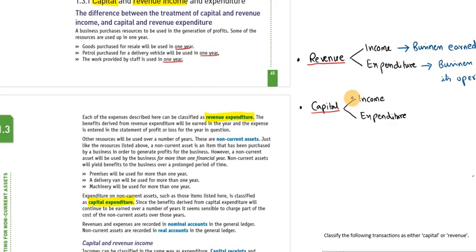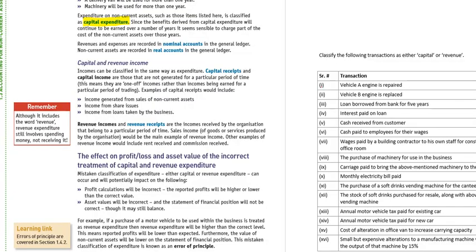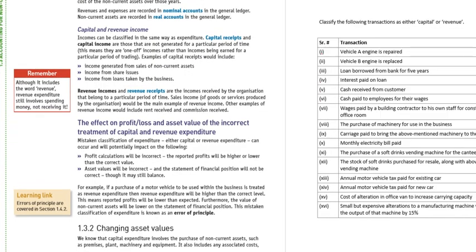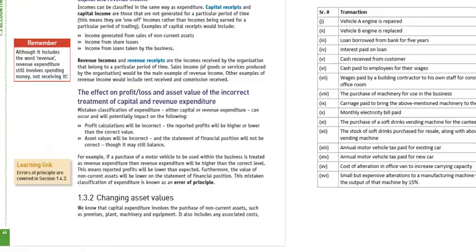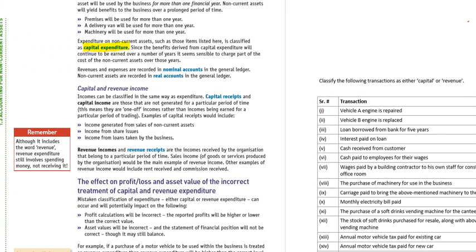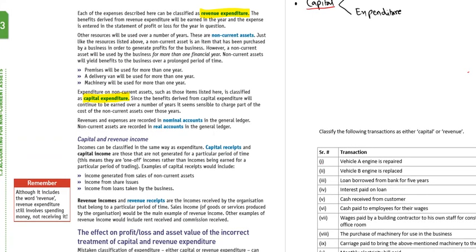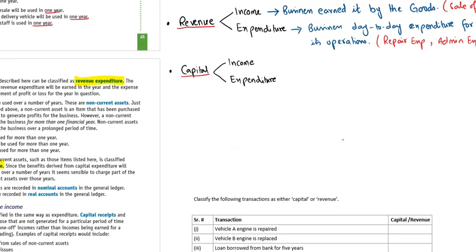And capital expenditure is this: expenditure on non-current assets, such as those items listed here, is classified as capital expenditure. So what is an example of capital expenditure? It is not mentioned here, so you have to say this: the purchase of non-current assets. Capital expenditure is any expenditure incurred by the business to acquire a fixed asset.